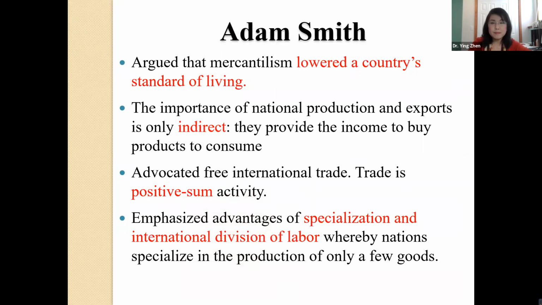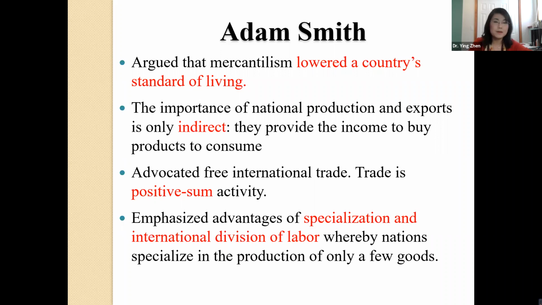So why is that? Because we have to be very clear-minded. Actually, consumption determines a country's well-being, instead of how much you can sell to other countries.